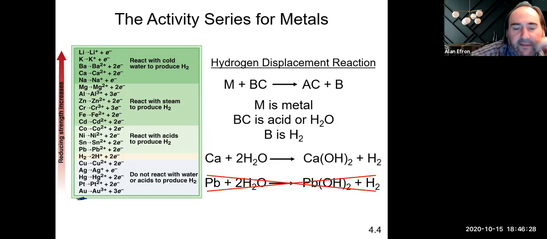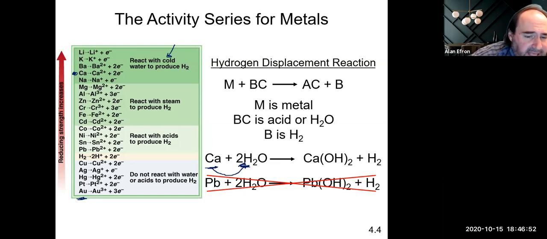So for example, if we look at calcium and hydrogen here, here is calcium. Calcium, right there. So with calcium, all you need is basically cold water to get that reaction to occur. So this reaction would occur here. The hydrogen would be displaced in that particular case.